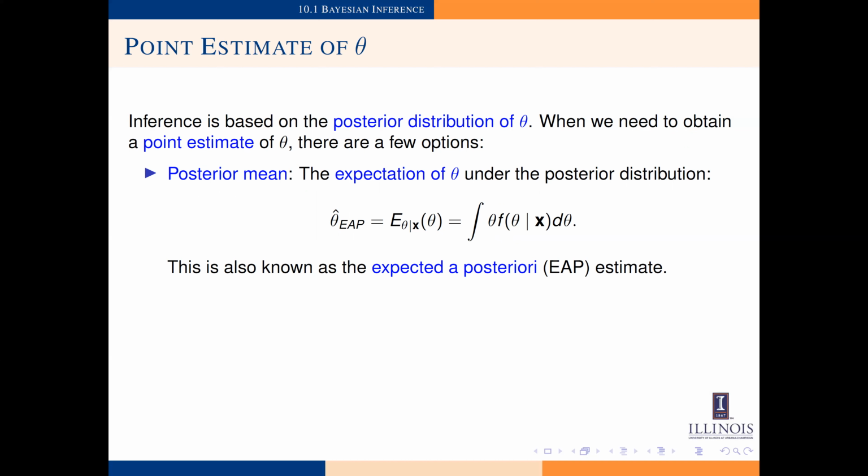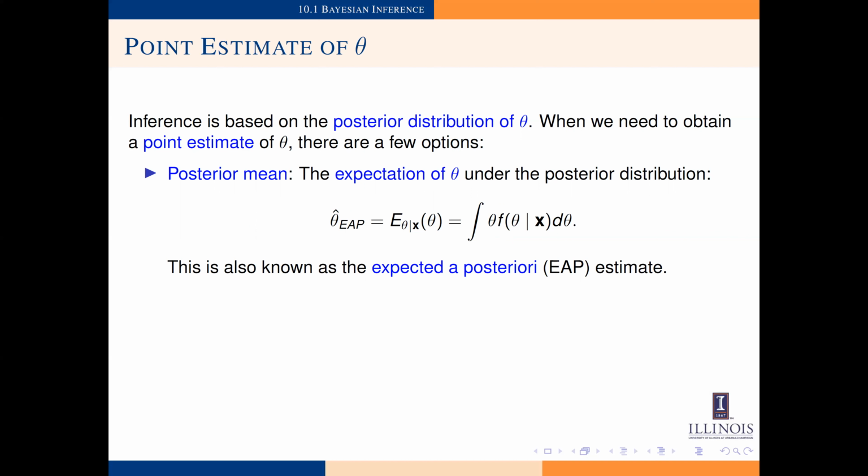Bayesian inference is based on the posterior distribution of theta. However, sometimes we also want to find a point estimate of theta, just like we did for the MLE. So we want to find a single value that is a good estimator for theta. Here are a few options for doing this.